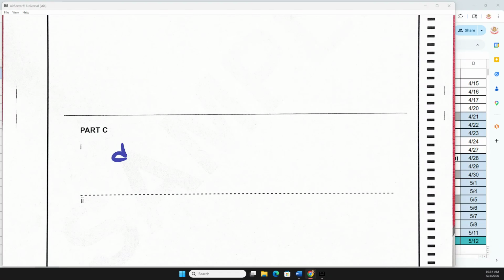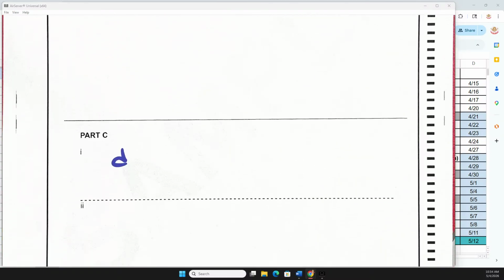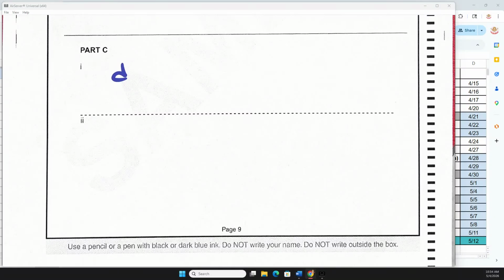All right, and then second part of C, we're going to describe the concavity of the graph in that same section and determine if the rate of change is increasing or decreasing. And we're not going to be fancy. We're going to answer the question. So what is the concavity there? Concave up. So here we go. We're going to quote the problem.